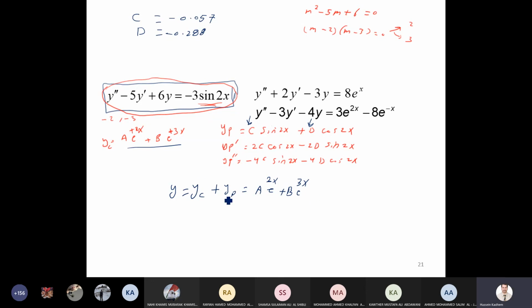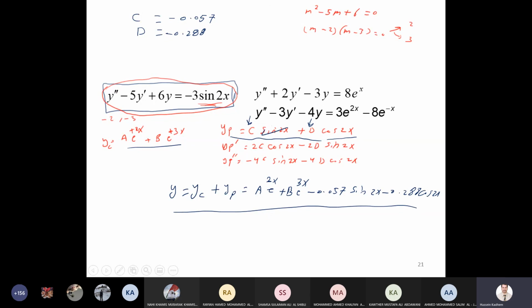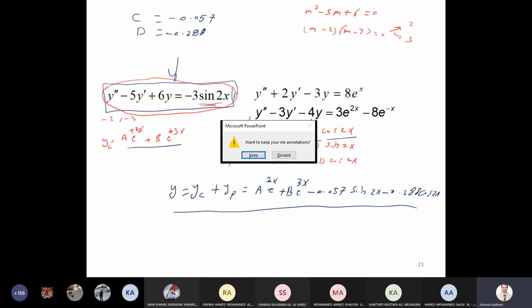Now YP is this one: C is minus 0.057 sine 2x, and D is minus 0.288 cosine 2x. This is the solution. If I differentiate this, it will give me this formula. You got it? This is how we solve a non-homogeneous second order differential equation.